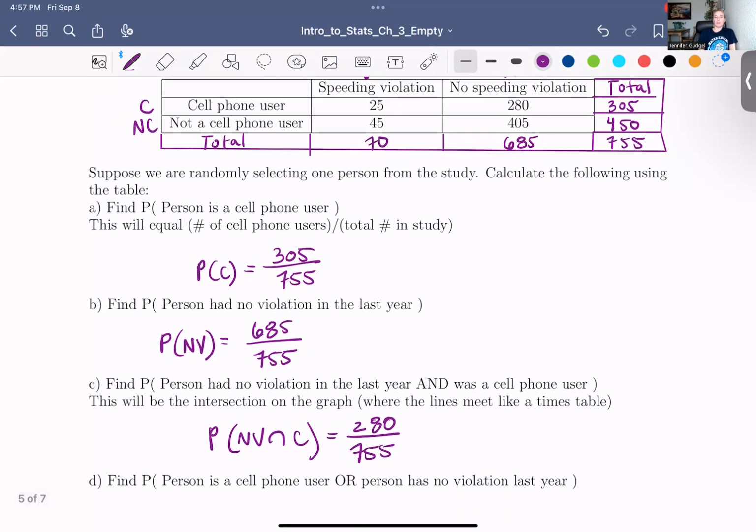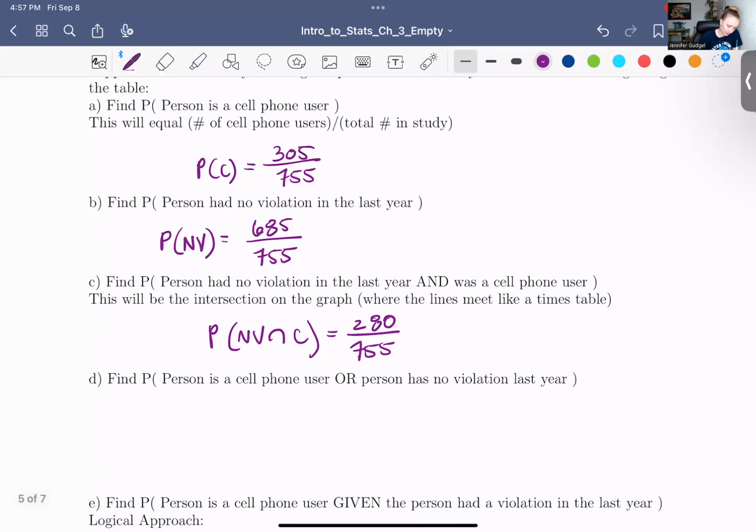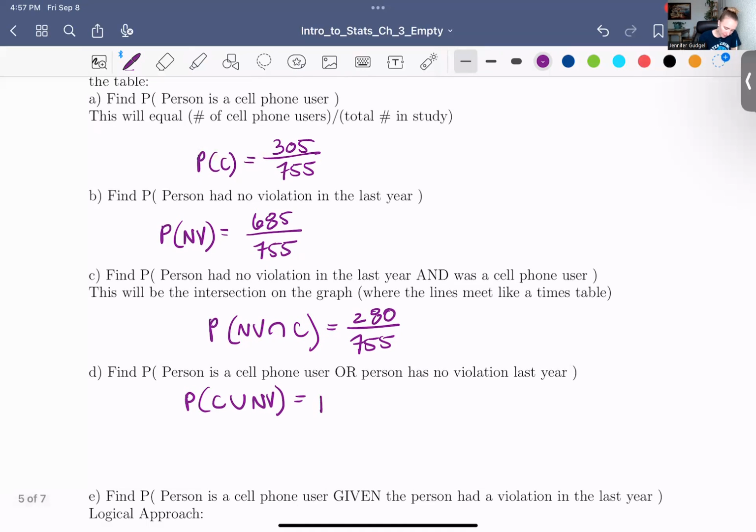All right, the probability of a person having a cell phone or has had no violation. A couple ways to go about this. We can remember that we have a formula that goes with this. For an or statement, it's the probability of the cell phone plus the probability of no violation minus the and statement, probability of cell phone and no violation.